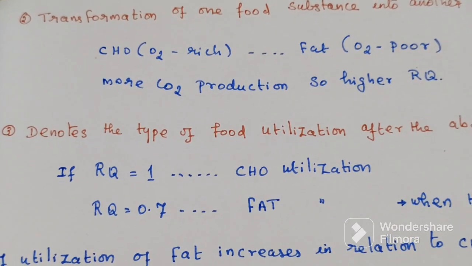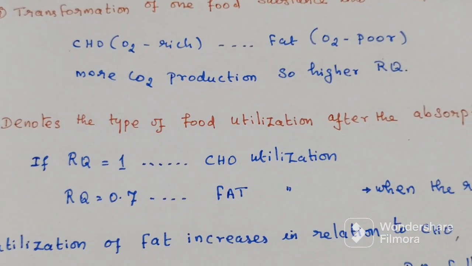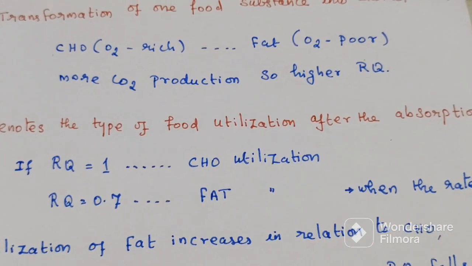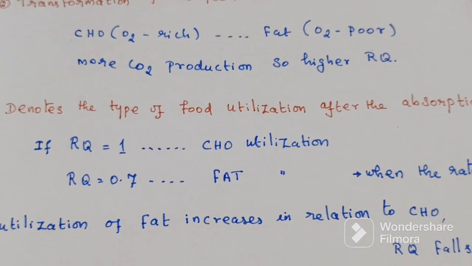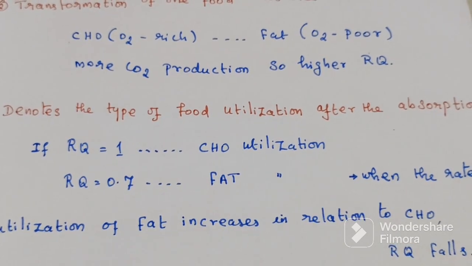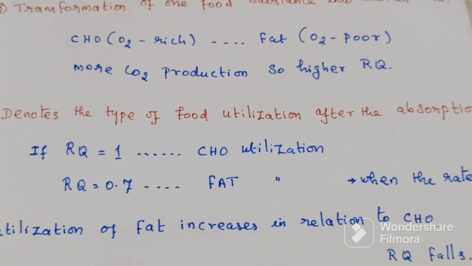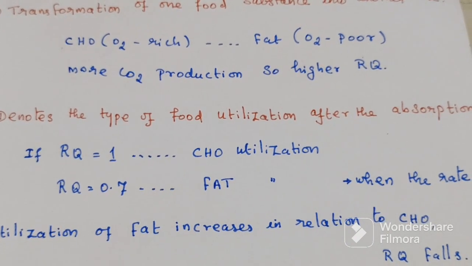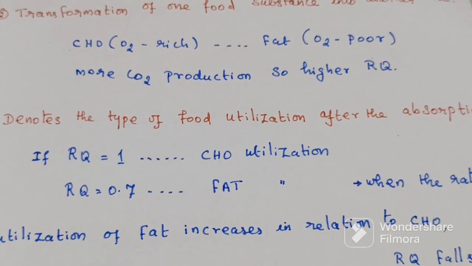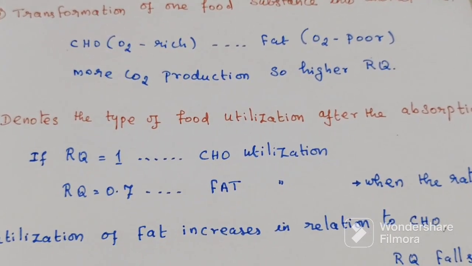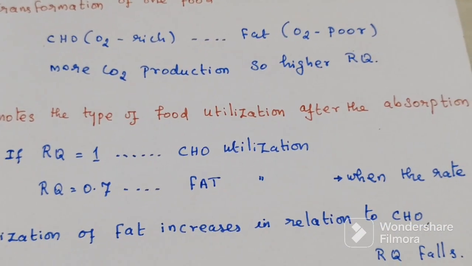Respiratory quotient denotes the type of food utilization after absorption. If we get a respiratory quotient of 1, carbohydrate is utilized. If the respiratory quotient is 0.7, it indicates fat utilization.